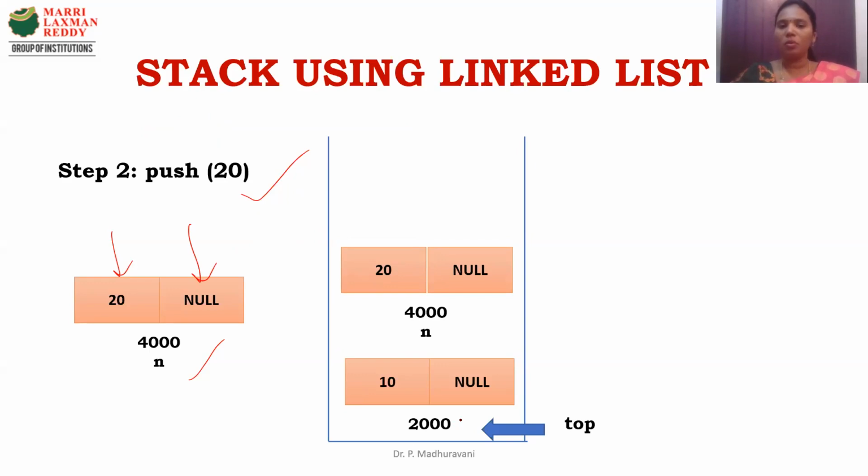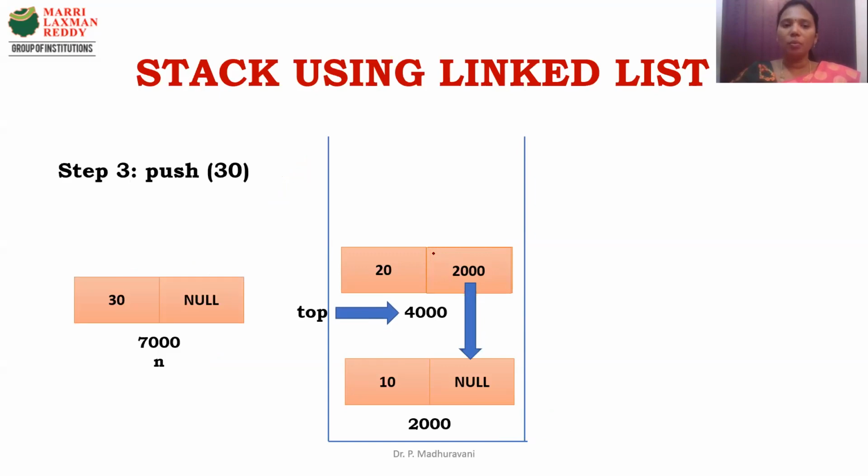Now I need to give the link between this n and top by simply holding the address of top in the next reference of n, like n next holding the address of top. Now after attaching n and top, the n should become the top, simply by assigning the n address to top, like top equal to n.